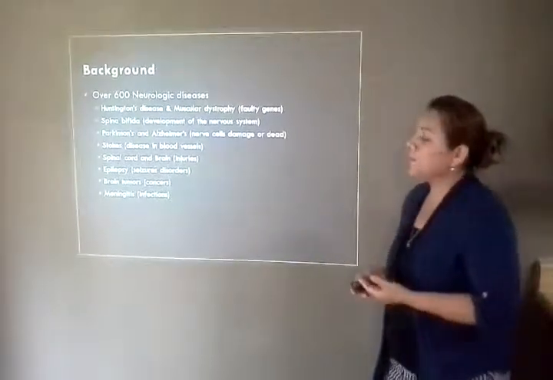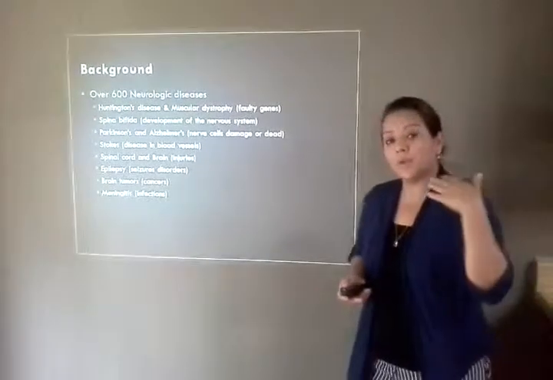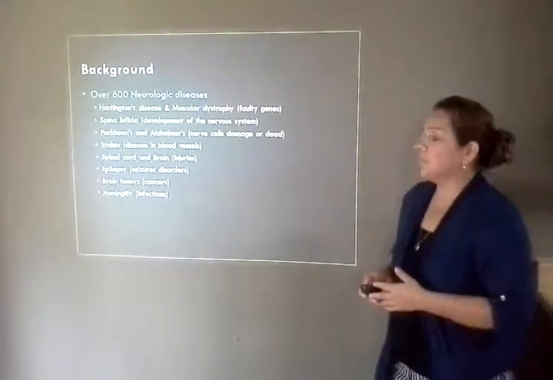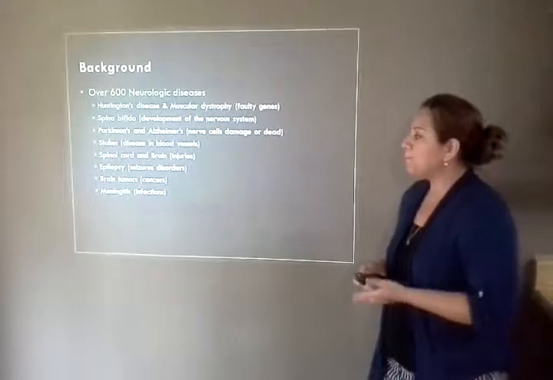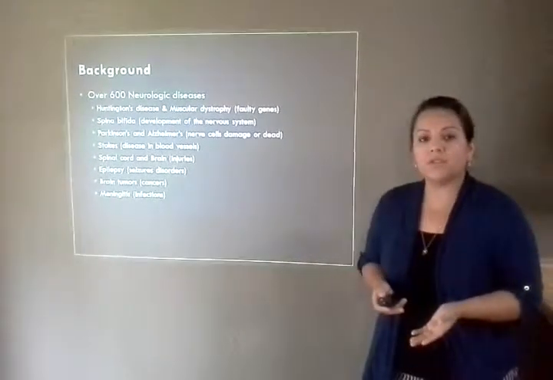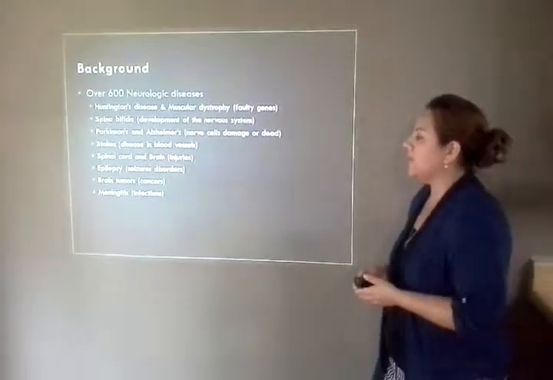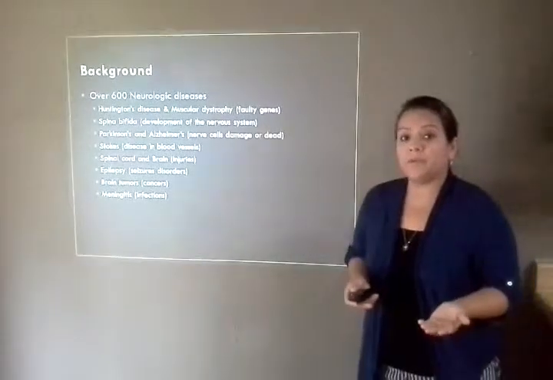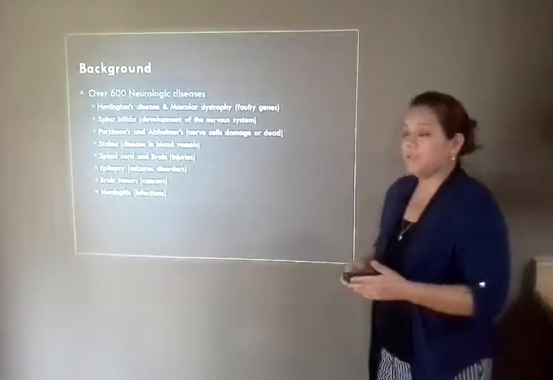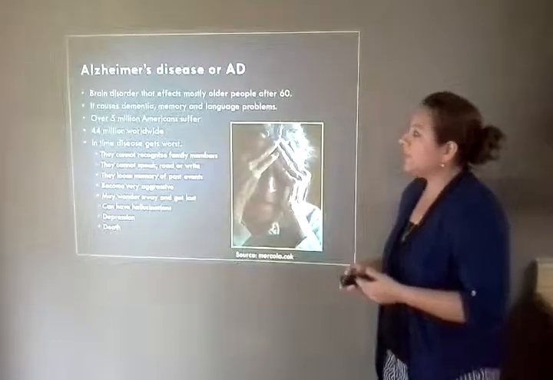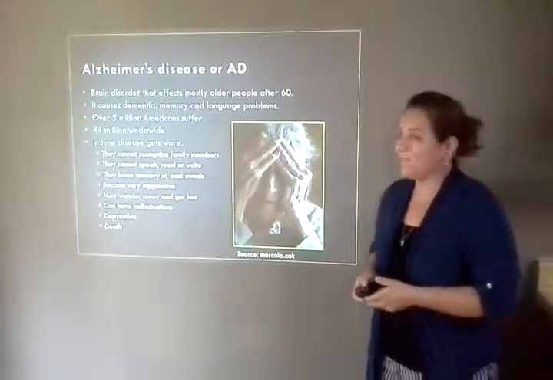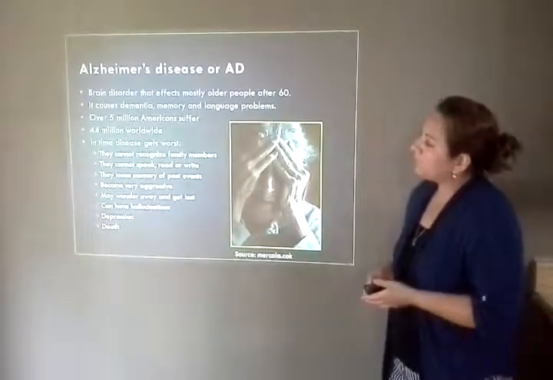You also have injuries in your spinal cord or brain, and seizure disorders that cause epilepsy. And you have cancers that cause brain tumors, and diseases that come through infections, and usually that causes meningitis. But today I'll be talking about Alzheimer's disease, or AD.